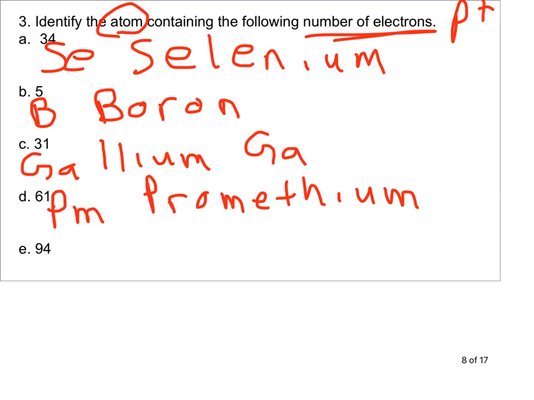And 94, we got Pu, and that is plutonium.